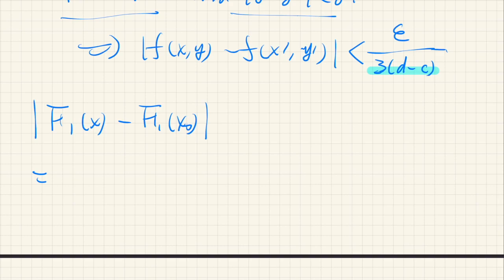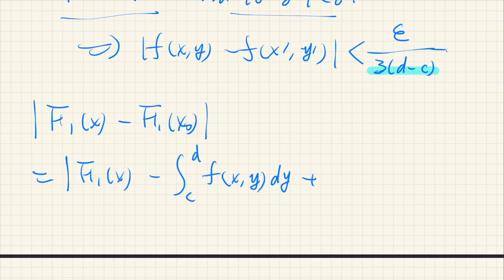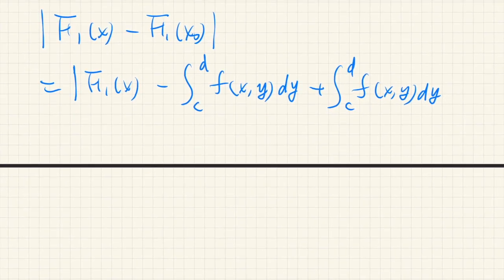So let's do that. First, F1 of x, and we subtract and add the same thing: this integral from c to d of f(x, y) dy, plus add the same thing, and we subtract another quantity.